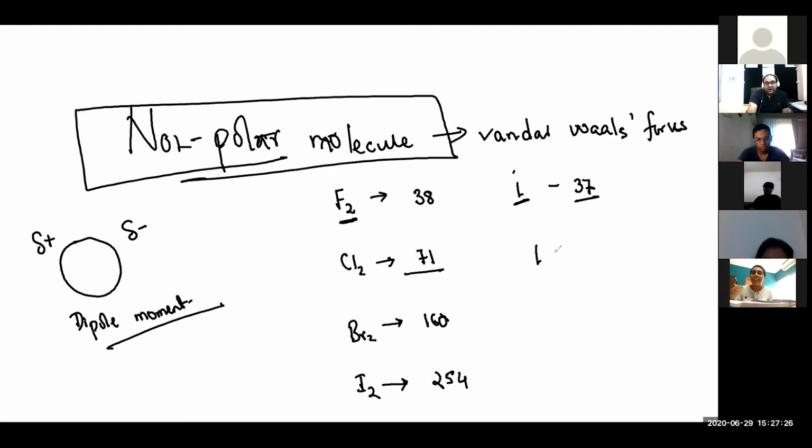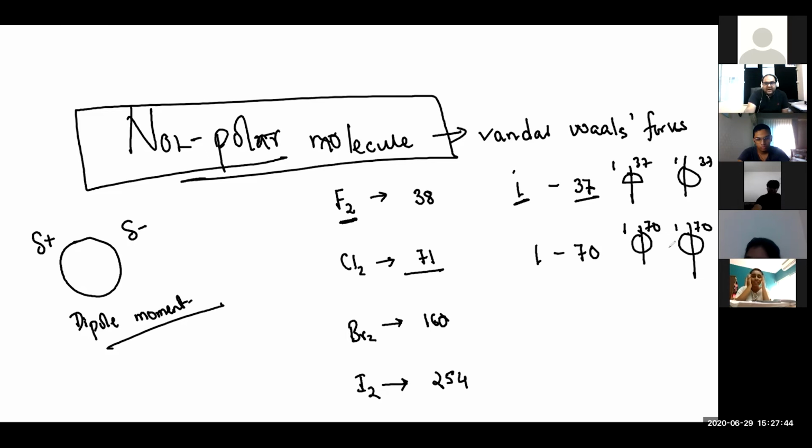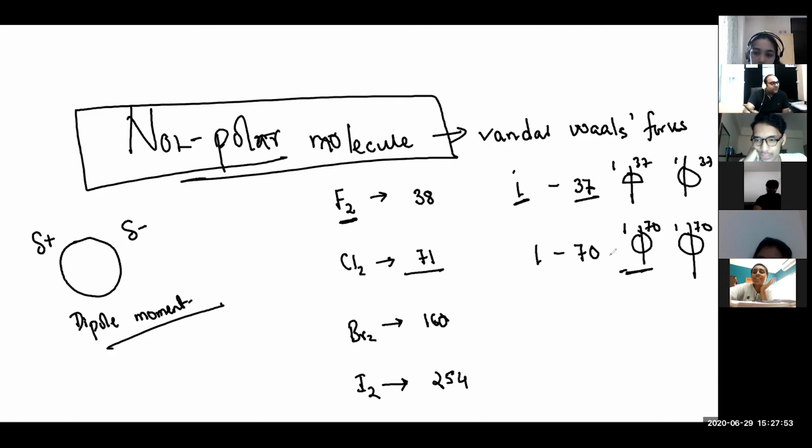So if fluorine has 1 on this side and 37 on this side, and chlorine has 1 on this side and 70 on this side, whose difference in charges is bigger? Chlorine, exactly. So 70 there, because 71 electrons.